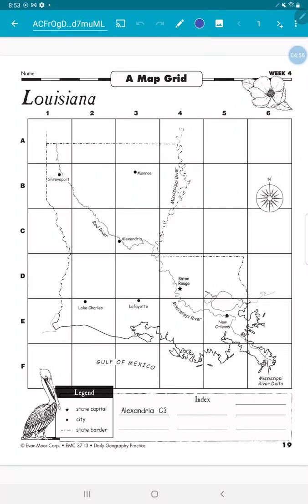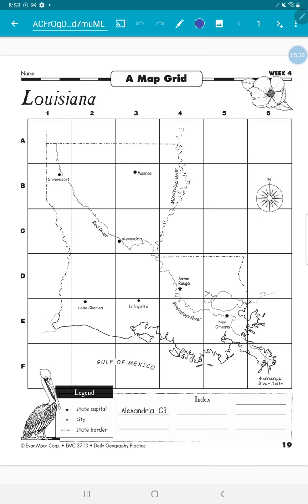Very good. How would I find how many grid squares the Red River runs across before joining the Mississippi River? How would I figure that out? Where was the Red River? The Red River, it was in C2.